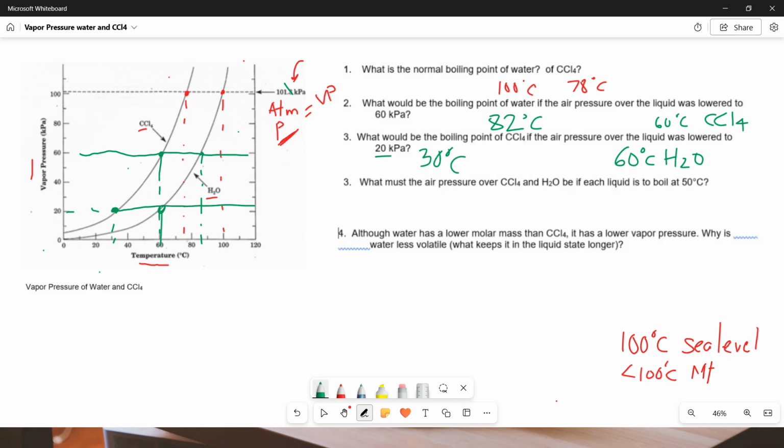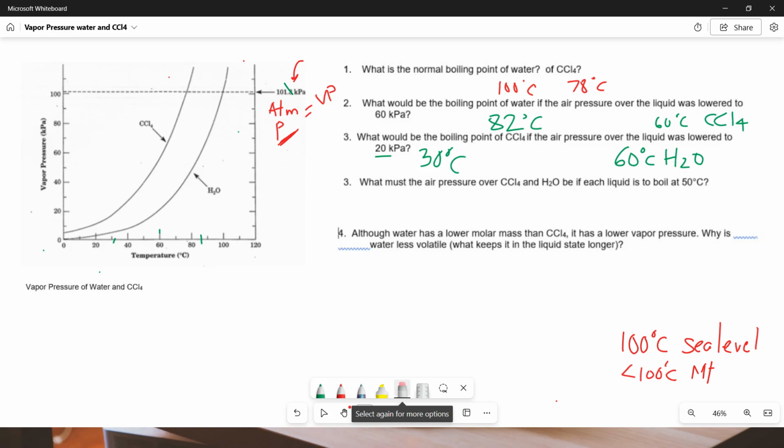What must the air pressure be over the carbon tetrachloride and water if water is going to boil at 50? So let me just erase what we have here so that we can see our lines a little better. So now we're going to change the boiling point rather than the pressure. So here's 50.